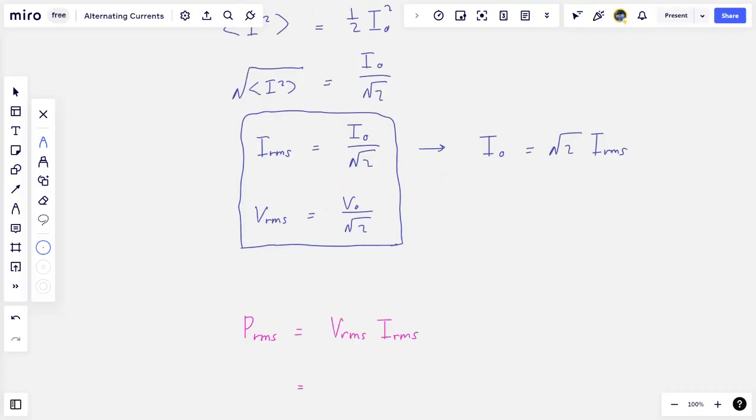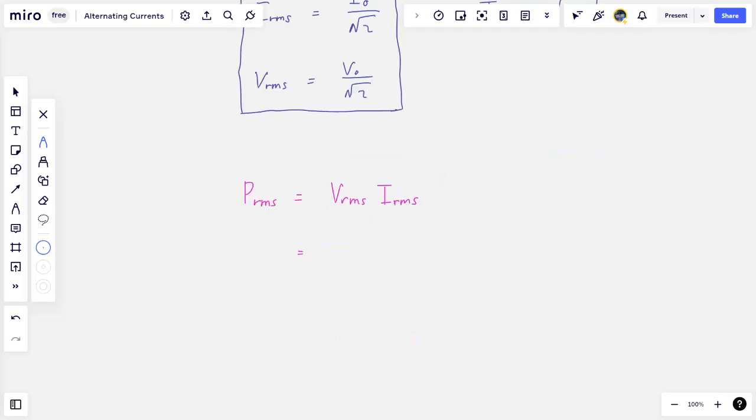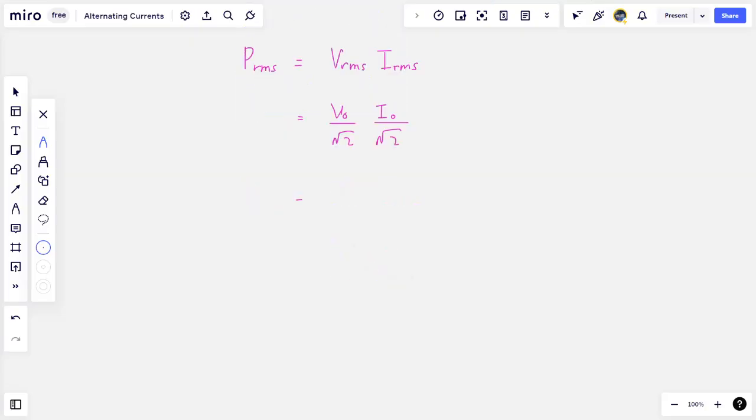Now if I go to the equations above, this is peak voltage divided by root 2 times peak current divided by root 2. Aha! So what I get is V naught times I naught, and don't tell anyone, but the root of 2 times the root of 2 is simply 2. So I get a half V naught I naught.